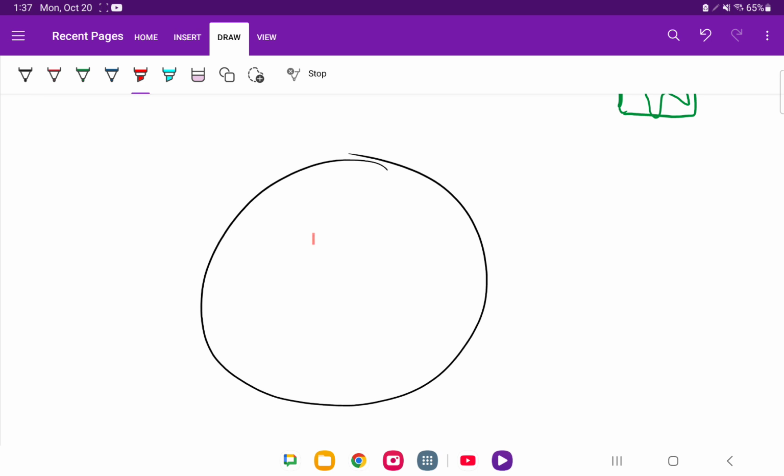Now, oops, wrong thing. I'm drawing relative concentrations. So remember, this isn't like 100% accurate.